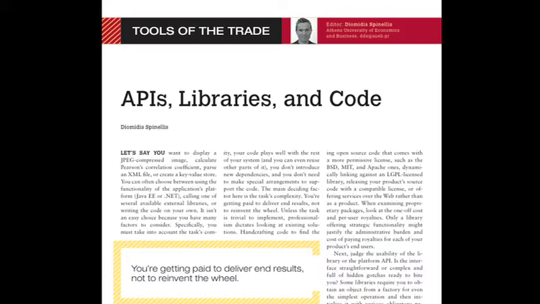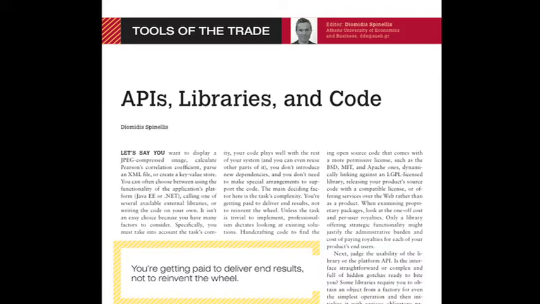Less worrisome scenarios include using open source code that comes with a more permissive license, such as the BSD, MIT, and Apache ones, dynamically linking against an LGPL licensed library, releasing your product's source code with a compatible license, or offering services over the web rather than as a product.